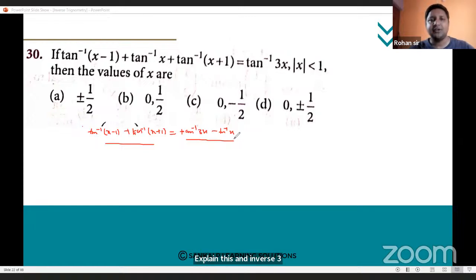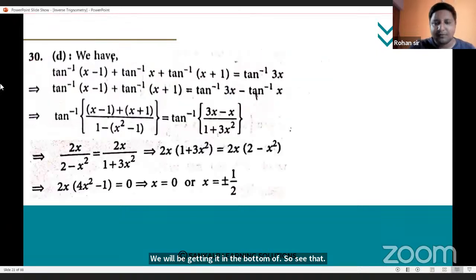When we simplify this, see there, after doing the first step, you can see here.